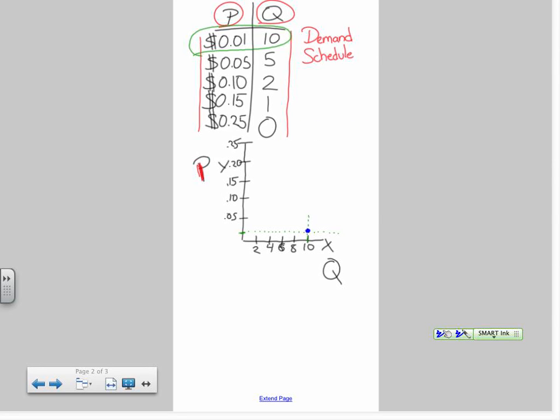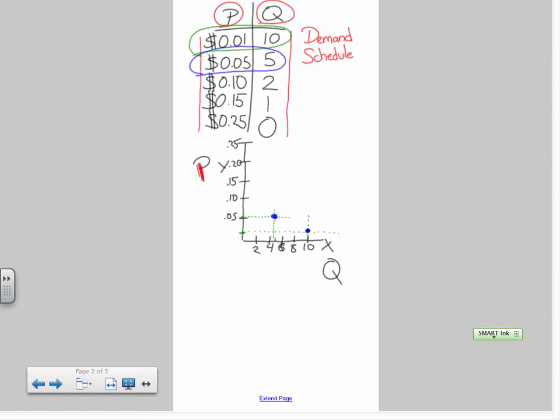Okay, our next one, 0.05 for the price and 5 for the quantity. So 0.05 is here. 5 for the quantity is right about here. So we go over from the 0.05 horizontally, up from the 5 for the quantity vertically, and where those 2 lines meet, you plot your point.